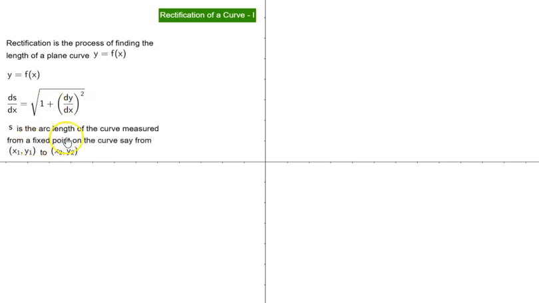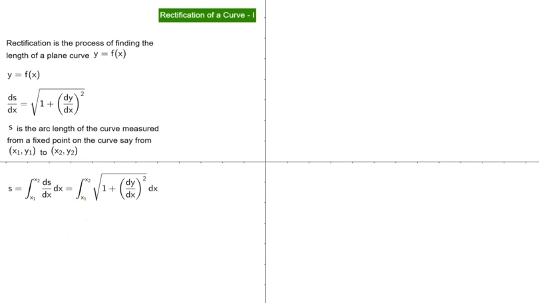So here S is the arc length of the curve measured from a fixed point on the curve, say from x1, y1 to x2, y2. Then the arc length is equal to integral of ds by dx from x1 to x2, which is equal to the integral from x1 to x2 of square root of 1 plus dy by dx square dx.